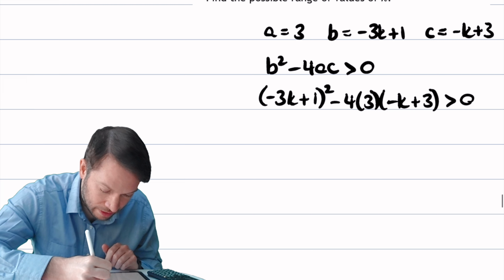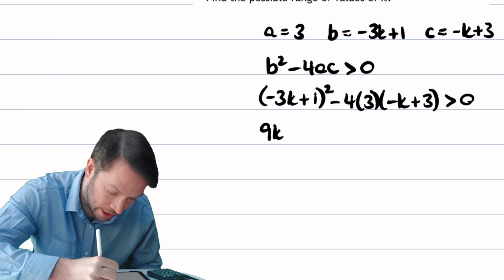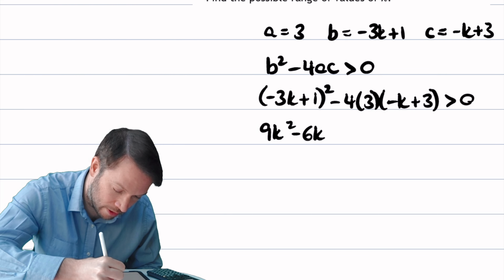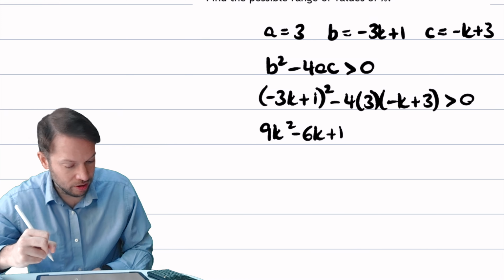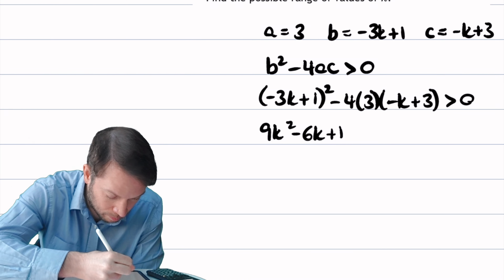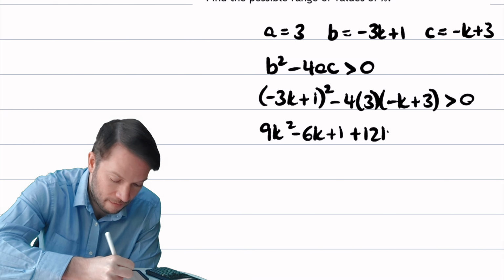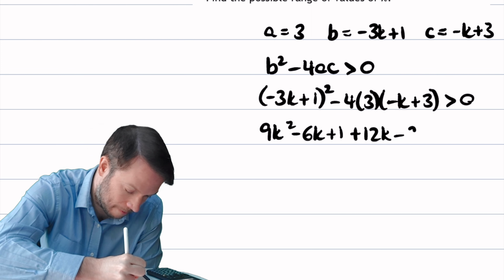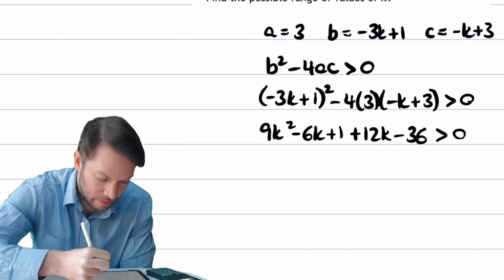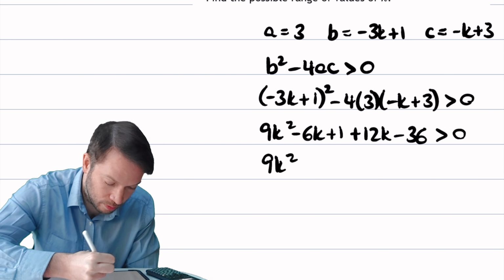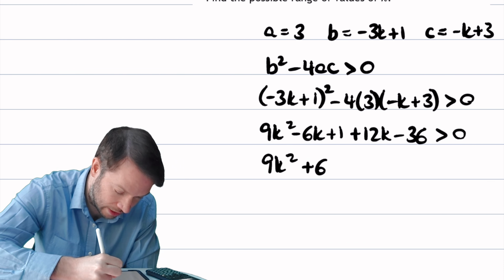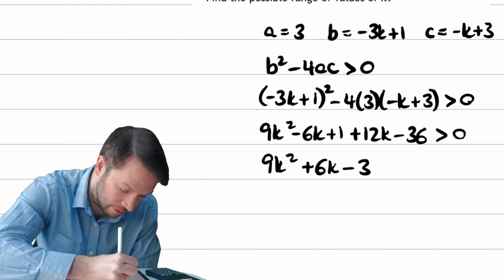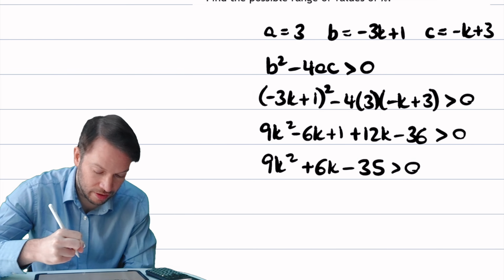If I expand this out, you're going to get 9k squared minus 6k plus 1. And then we've got plus 12k and then we've got minus 36. And then simplify further, 9k squared, it's going to be plus 6k minus 35 is greater than 0.